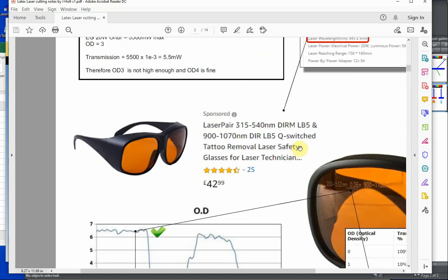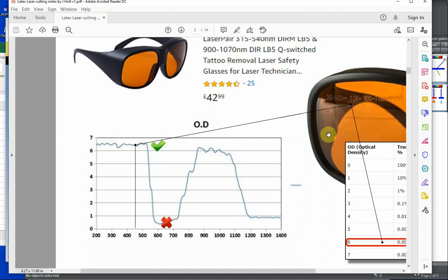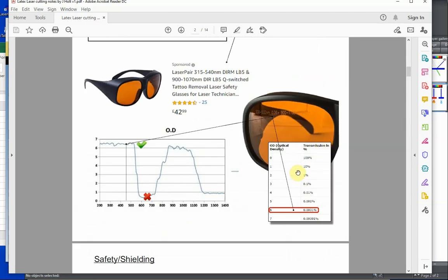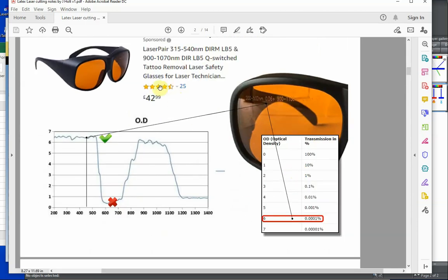That's what it means. So let's look at some actual glasses. These are the ones I ended up buying, in fact. They're not cheap, but then again, £42, dollars. It's your eyesight, you know. Anyway, these glasses that you can buy, I got these off Amazon.